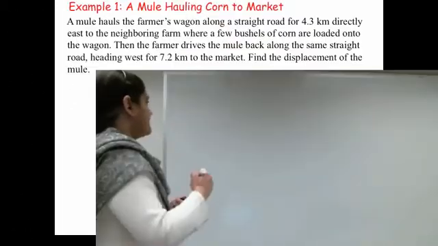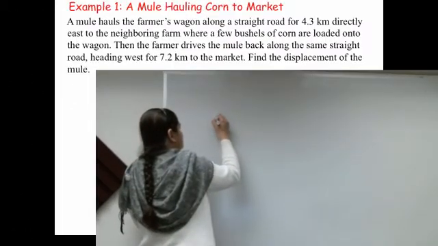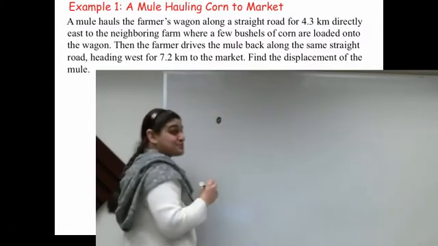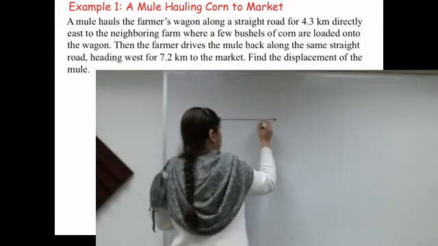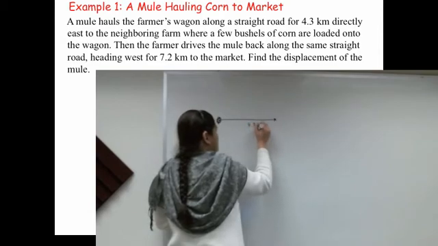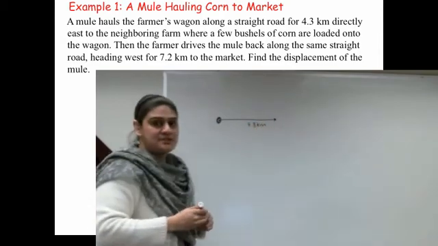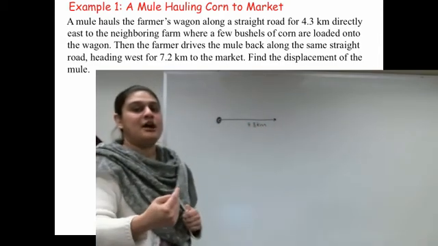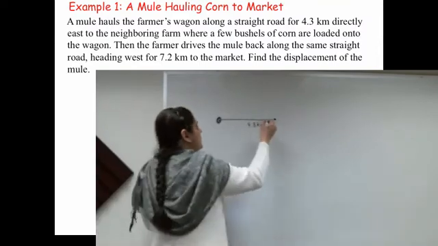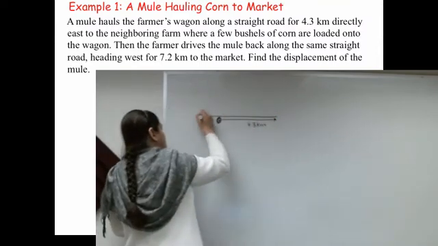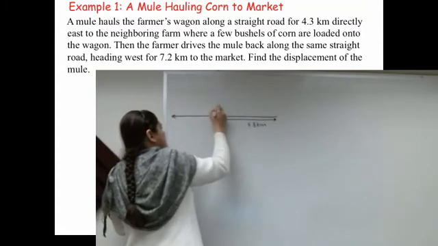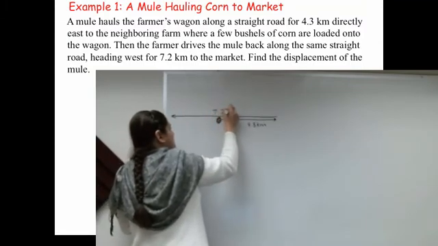Okay. So for this problem, there is a mule. He starts from this point and he goes straight out this way, 4.3 kilometers, heading east, and then he comes back heading west all the way to the market, 7.2 kilometers.